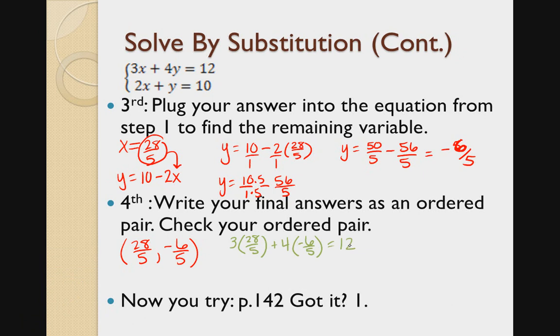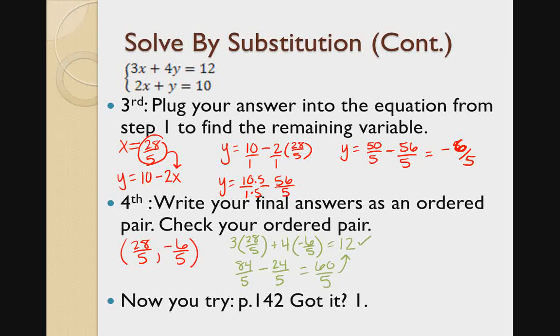So we would get 84 over 5 minus 24 over 5, which would equal 60 over 5, which does equal 12.